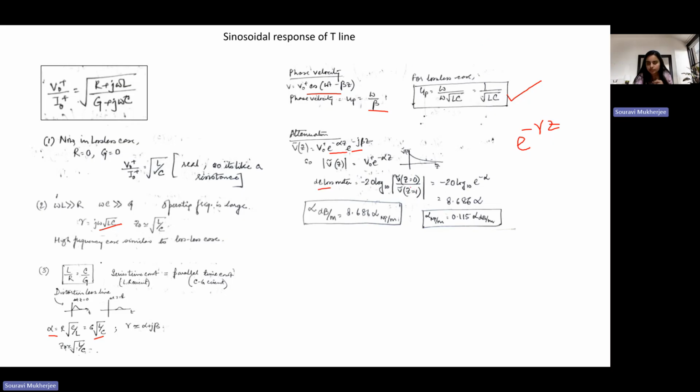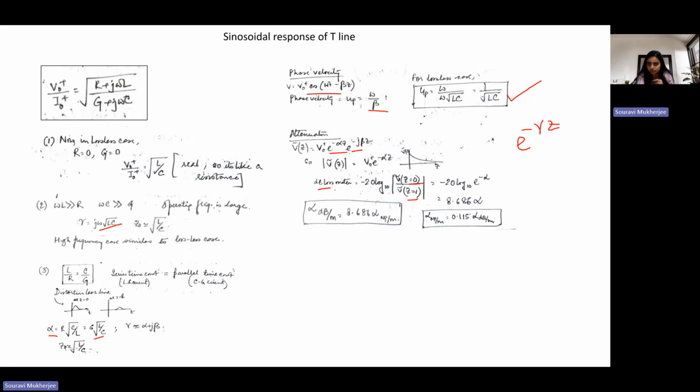So if you know the potential at z equal to 0, and you know the potential at some other point z, you can take the ratio of the two, write it in terms of logarithms, and that will give you the attenuation in dB.